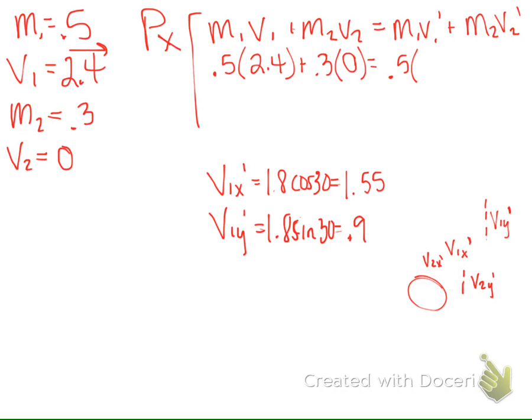So this v1 prime in the x direction, we solved for that already right here. So we're going to plug in our 1.55. And our m2 we know doesn't change. We're going to solve for v sub 2 x prime. Tell me what we're getting here on the left side of our equation. 1.2.